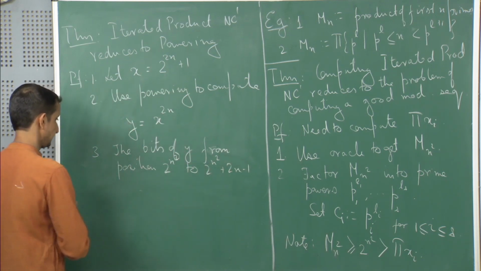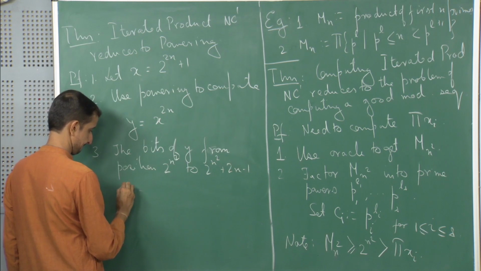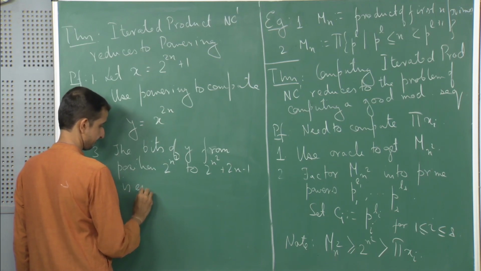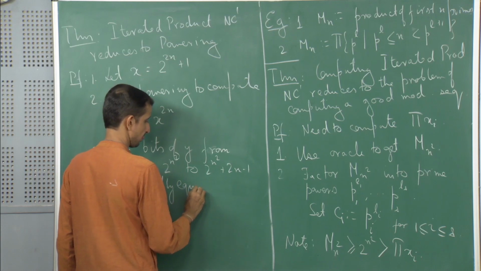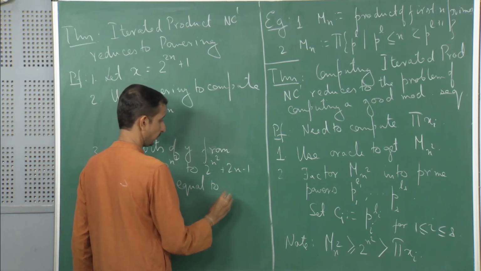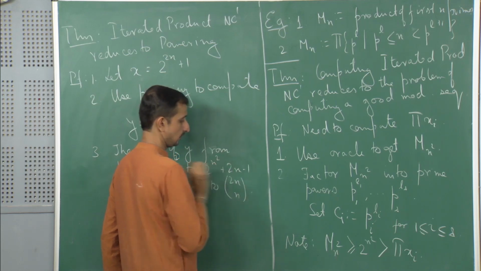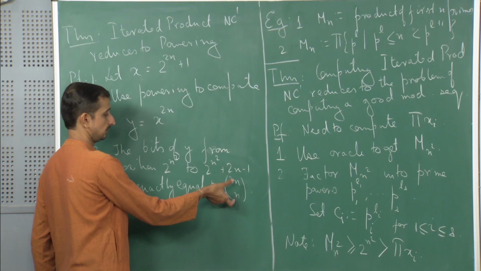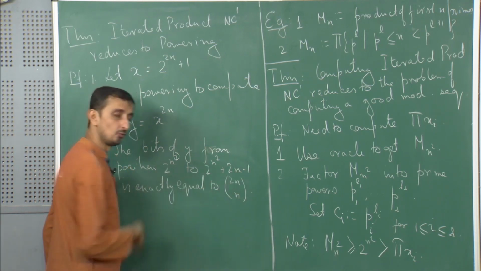is exactly equal to the binomial, well, it is equal to 2n choose n.